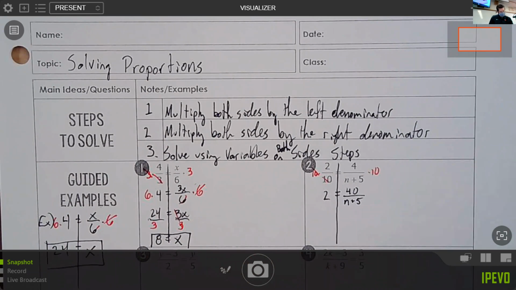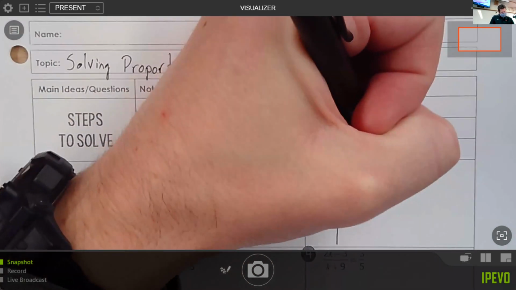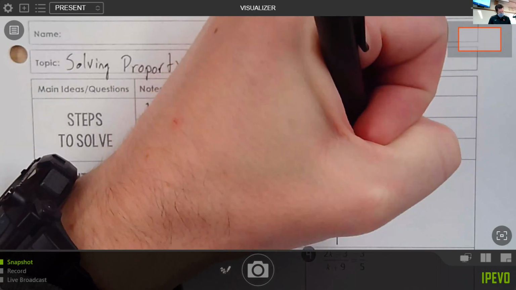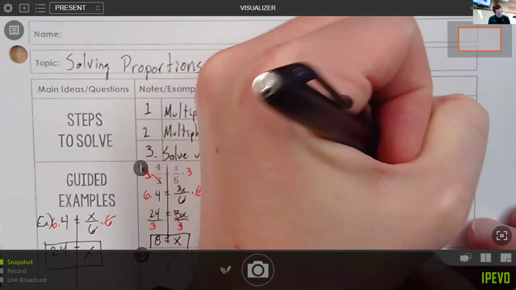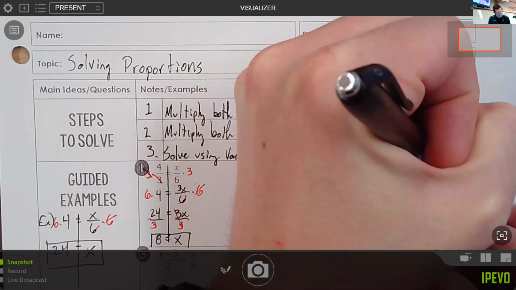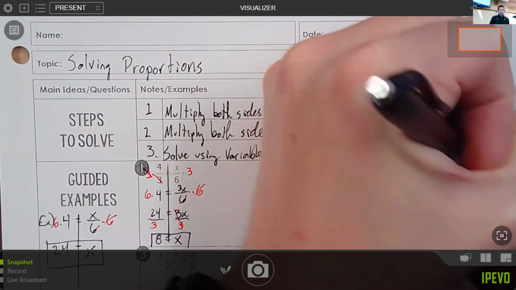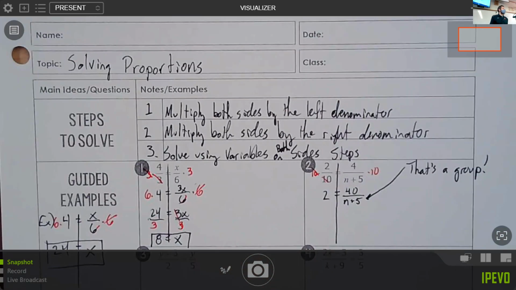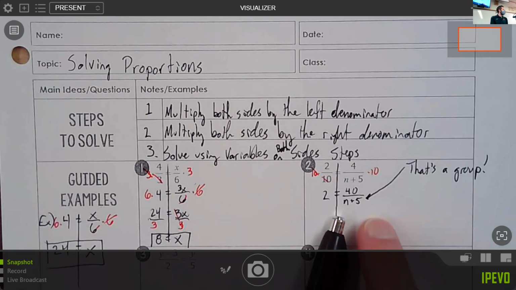So I'm actually going to make a note right here. That's a group. Multiply both sides by the denominator.